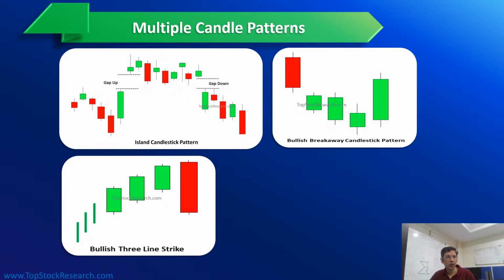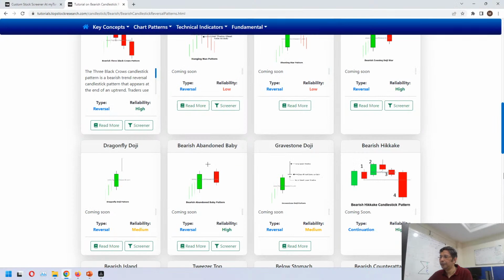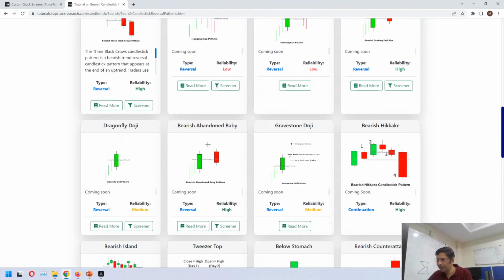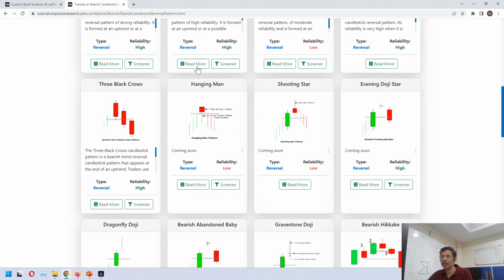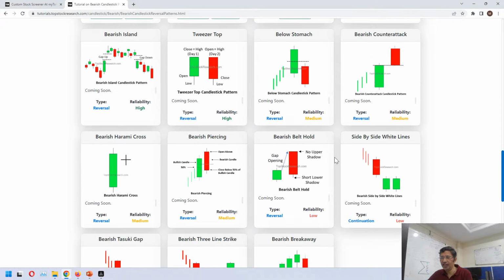I don't want to go into details of every such pattern. The reliability is mentioned here on this page, right? Not for everyone. If you see, there are screeners and tutorials in public view. For some of them, the write-up is not yet ready. We have created the screener for all the premium users, for all the patterns that we have mentioned here.